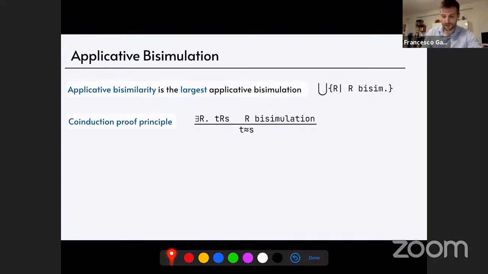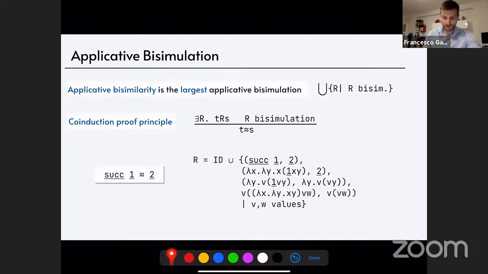It is enough to know that there exists a largest applicative bisimulation, and it can be characterized as the union of all bisimulations. And that gives us a powerful notion. For instance, we have the so-called coinduction proof principle, which tells us that to prove that two programs are equivalent, it is enough to find a bisimulation that relates the two programs.